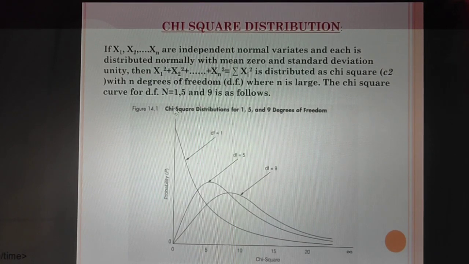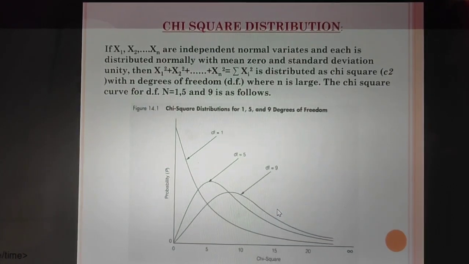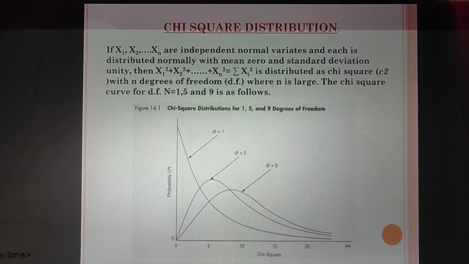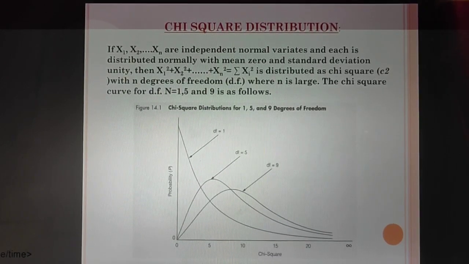Here the y-axis shows the probability of the given parameter, and the x-axis shows the chi-square value. When the degree of freedom is 1, we get an exponential-type curve. For a higher degree of freedom, the curve is bell shaped, and at degree of freedom 9 we get a sharper bell-shaped curve. This is how the chi-square distribution gives different graphs for different degrees of freedom.